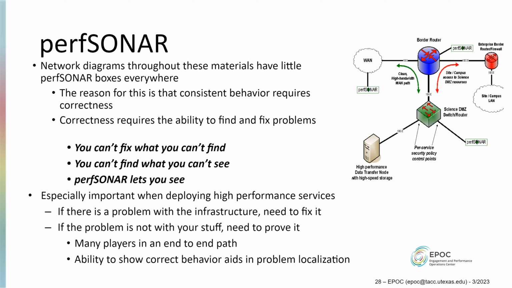We need to have devices out there that we can run traceroutes and tracepaths between so that we can understand routing and if there are MTU mismatches or something along those lines. And perfSONAR gives us that visibility into the network to understand the performance of the network and not just the connectivity.